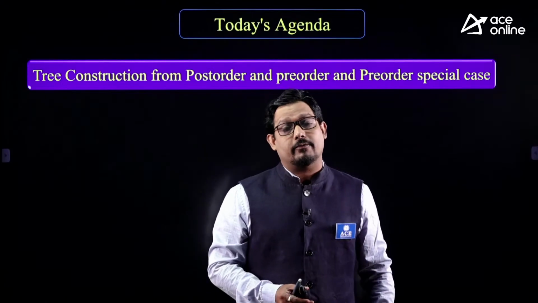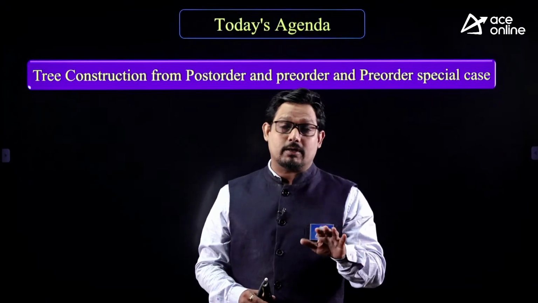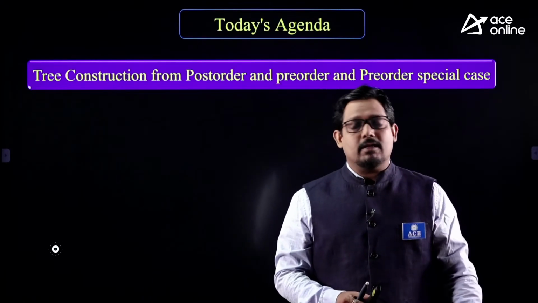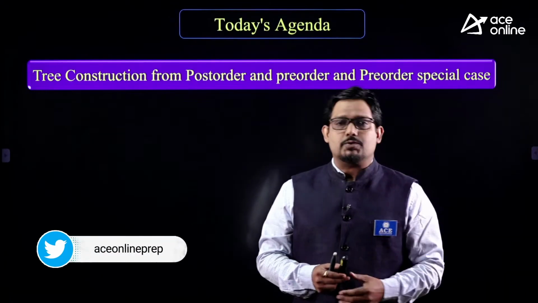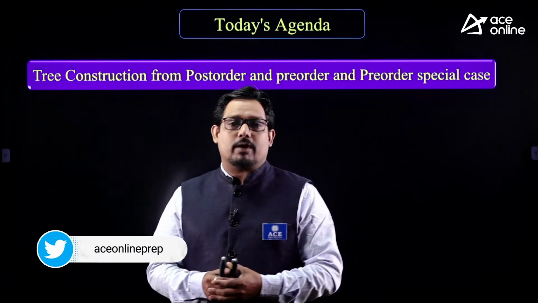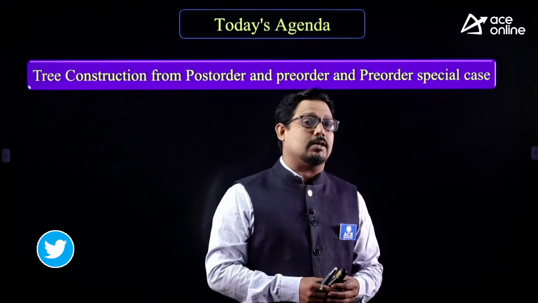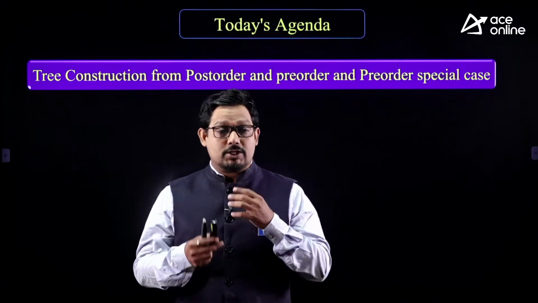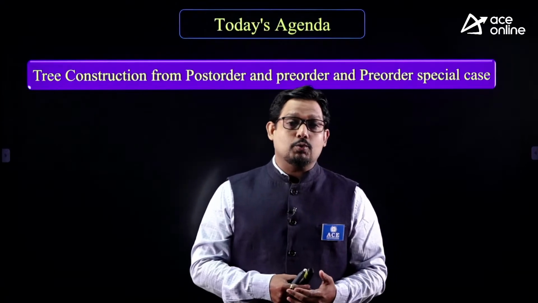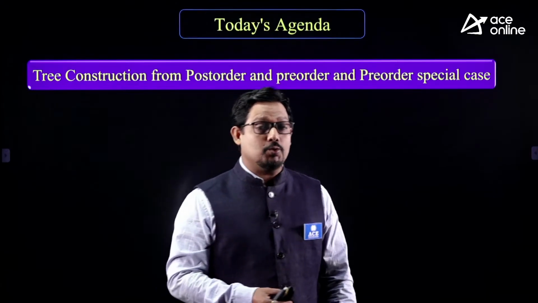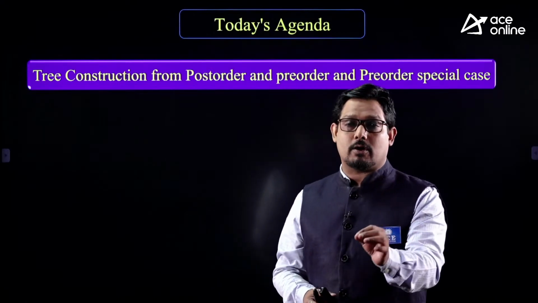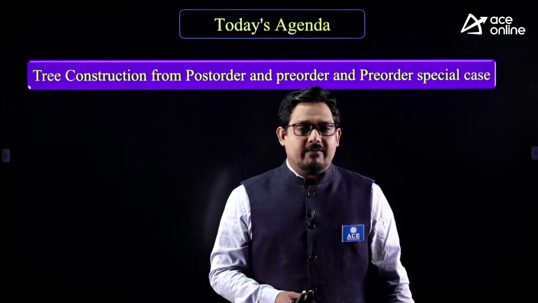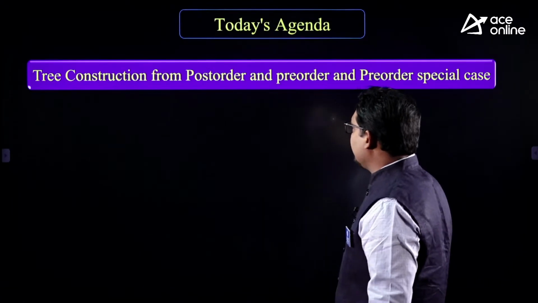You might be familiar with the construction using post-order and in-order, and also pre-order and in-order, but here I will take you through a special case where you can use post-order and pre-order for the construction of a tree, and a special case where using only a single traversal, pre-order or post-order, you can construct your tree. That is the first concept I will explain.